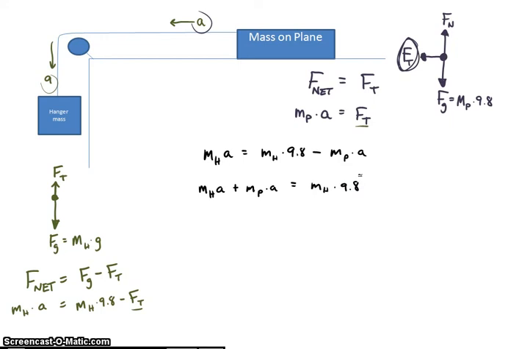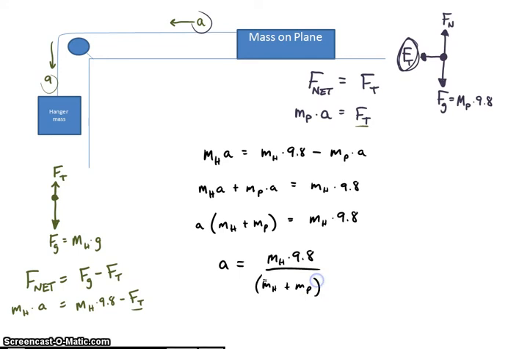Now the acceleration is the same in both situations, so I'm going to factor the acceleration out, and so I get the mass of the hanger plus the mass of the plane times the acceleration is equal to the mass of the hanger times 9.8. And then now I can get my acceleration. So my acceleration now is the mass of the hanger times 9.8 divided by the mass of the hanger plus the mass of the plane.